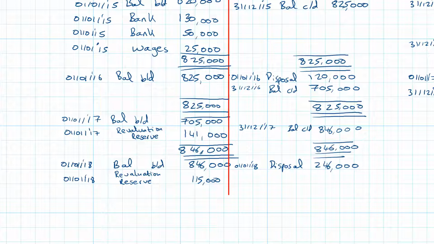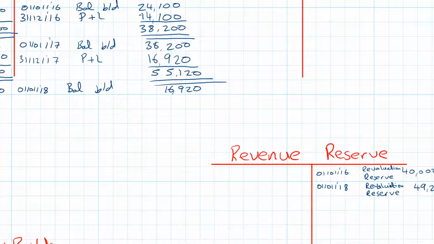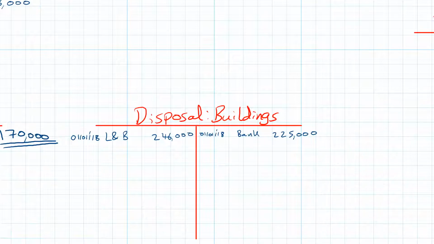So I should have sent 4,920 into our disposal. 4,920. So remember to be focused and concentrated while doing these questions, because it's so easy to forget about these things.